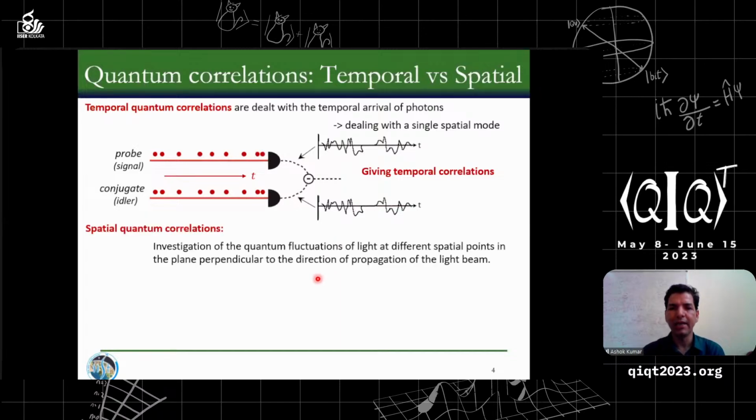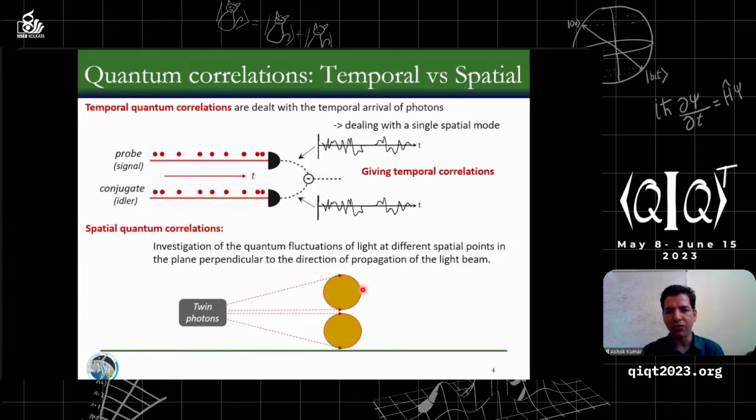On the other hand, for spatial quantum correlation, we don't care about how the photons are arriving over different times. What we care about is how the photons are arriving on a transverse plane, which is perpendicular to the direction of propagation. Let's say I have twin beams or twin photons which are emitting.